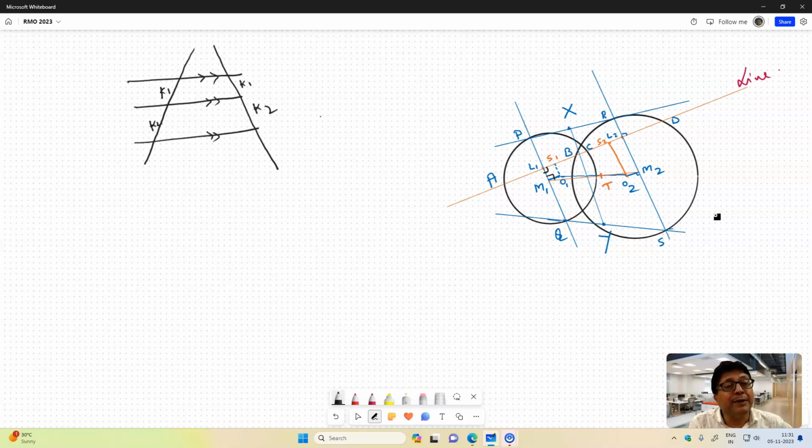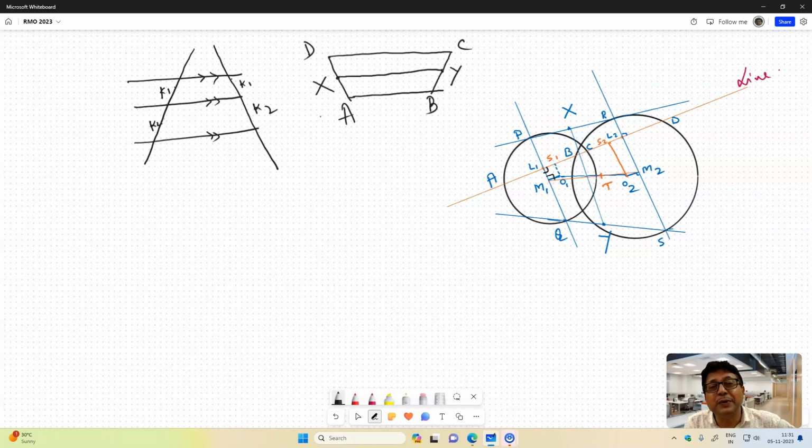Another way to say it: this part by this part is equal to this part by this part. You might have seen this in the case of a trapezium also. In trapezium ABCD, if there are two points X and Y such that AX by XD equals BY by YC, then that line will be parallel to these two lines. This kind of thing you have seen in BPT also.